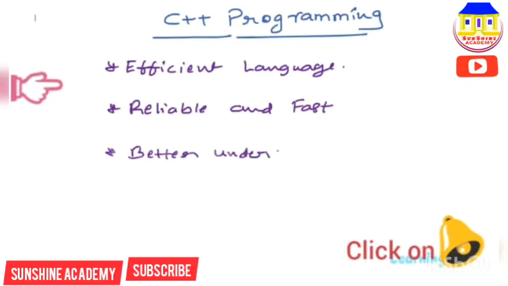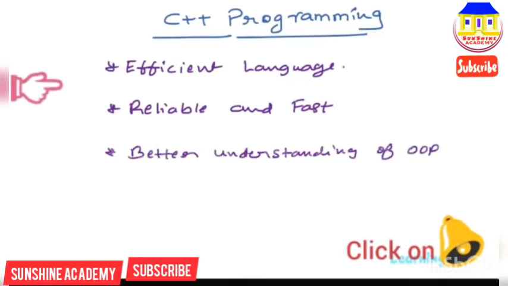Now the next thing is, if you learn the C++ programming language, you will be learning these different programming approaches. So you will have a better understanding of most of the programming approaches, specifically the object-oriented programming approach. You will be learning concepts like classes, objects, inheritance, polymorphism, all these things. And I think C++ is one of the best languages to learn this object-oriented programming approach.